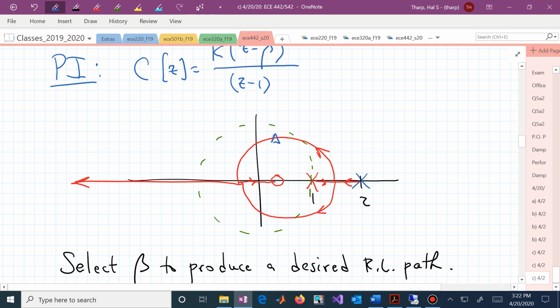We could put our closed loop poles there, or we might put our closed loop poles there, and there are many different reasons for locating them at the triangle location, at the square location, maybe at the star location.